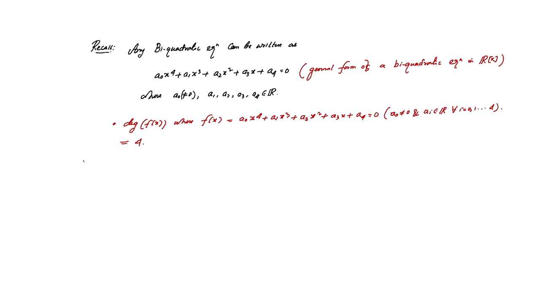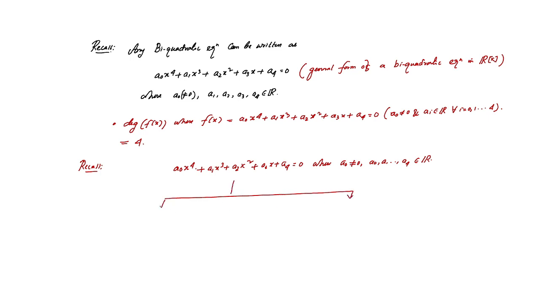Now here we divide the biquadratic equation into two types. You are given a biquadratic or quartic equation a0 x to the power 4, a1 x cube, a2 x square plus a3x plus a4 equals to 0, where a0 is non-zero and all a0, a1, up to a4 are real numbers.